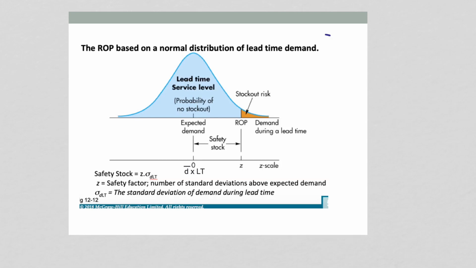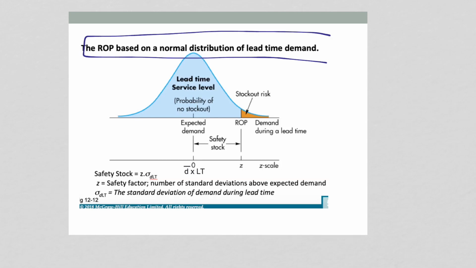So this entire model, it's a very nice model. There's one formula, very straightforward, but the whole model is based on the normal curve, the normal distribution. Based on our standard calculation of reorder points, which is normally D times lead time, we're going to add a safety stock factor.